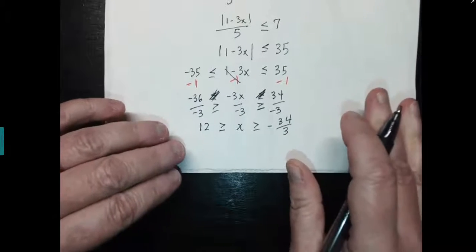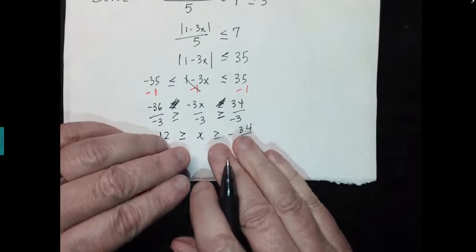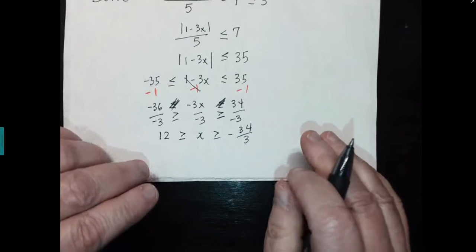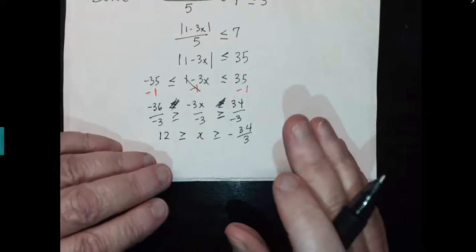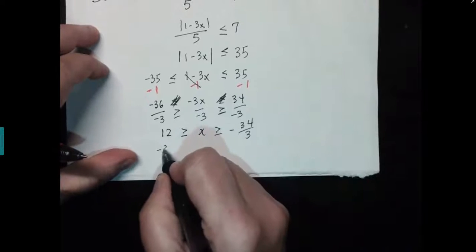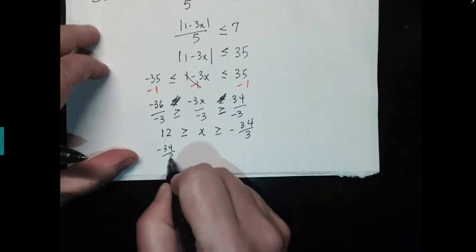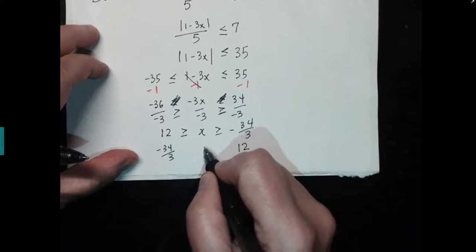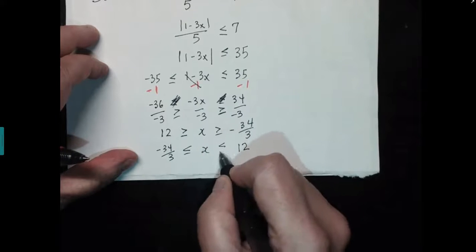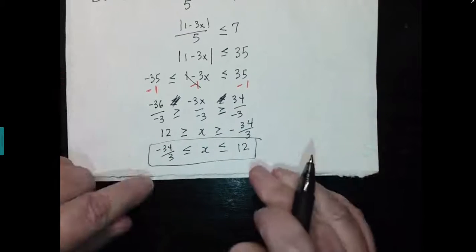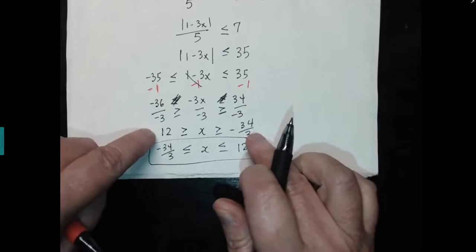Now, when you're giving answers like this, they either want it in interval form, or they want it in a form where you have x in between two numbers, but they want the smaller number to be on the left and the larger number to be on the right, and we don't have that here. So how do I fix it? Well, I'm going to swap these, okay? But whenever you swap these like I'm doing, the arrows flip. Okay, so this is how you would see the answer in the back of the book. They'd never write it like that.